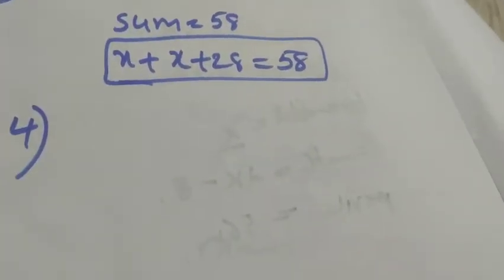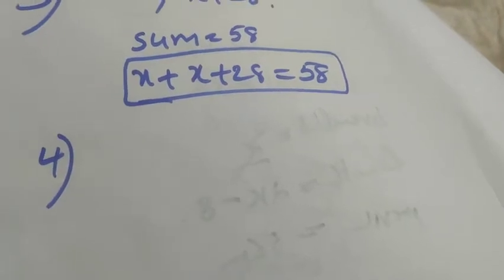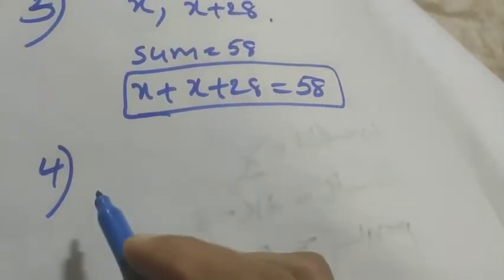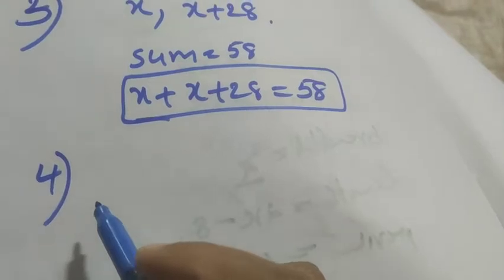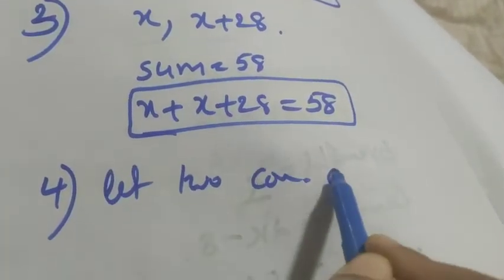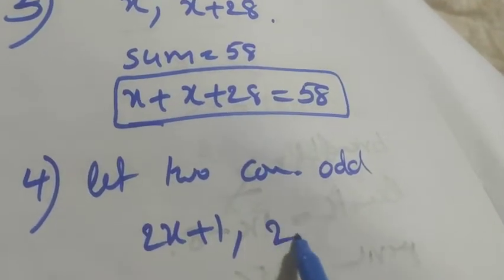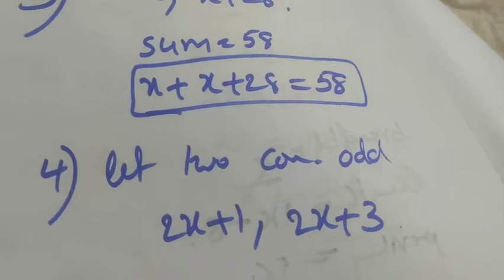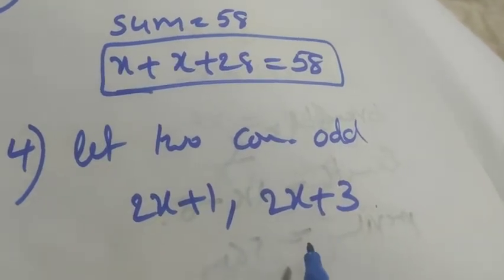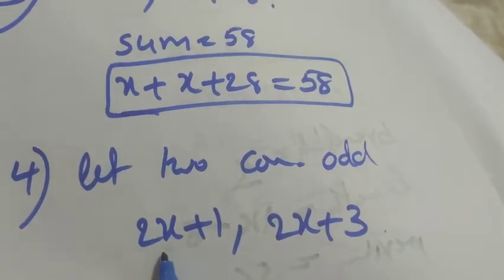Next, fourth problem. The sum of two consecutive odd numbers is 56. So let the two consecutive odd numbers be 2x plus 1 and 2x plus 3. This is the general form of odd numbers, 2x plus 1.